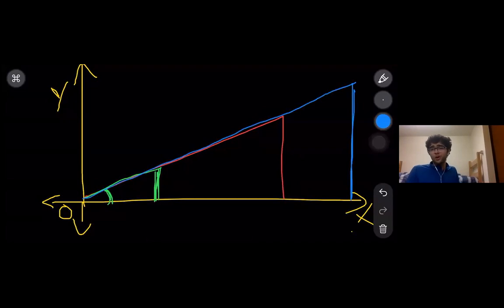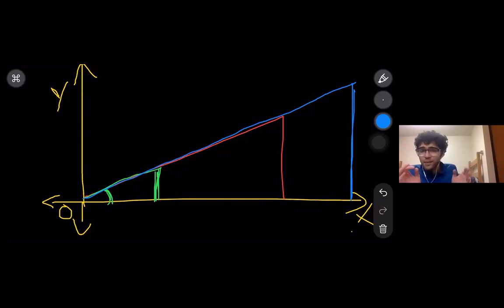So now how do we calculate slope? Does anybody remember the formula for tan? How do we calculate tan? Let's make it interesting. Let's say we don't know the angle.